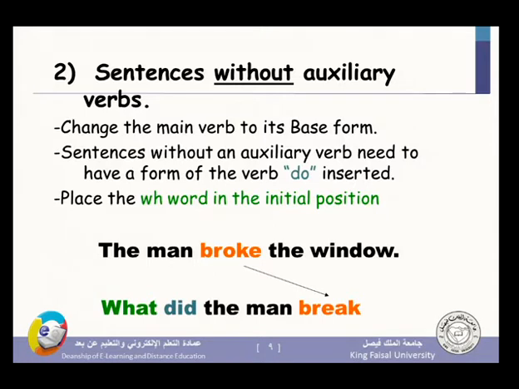Did the man break? This is the rule. I put did before the man. I want to ask about the time. Instead of using what, I just use when. Then it becomes, when did the man break the window? The answer would be, the man broke the window at 7 o'clock. The man broke the window on Tuesday. Okay?